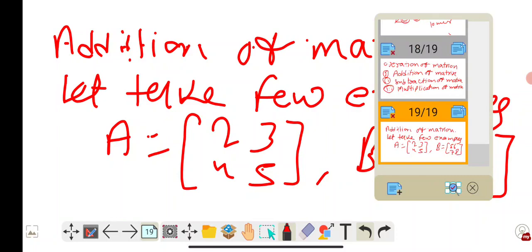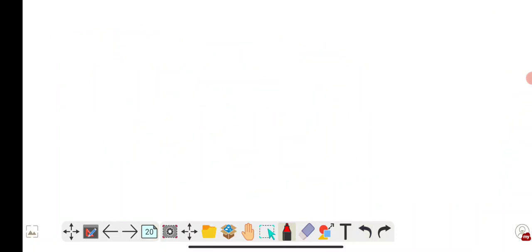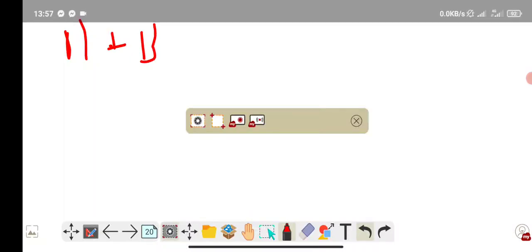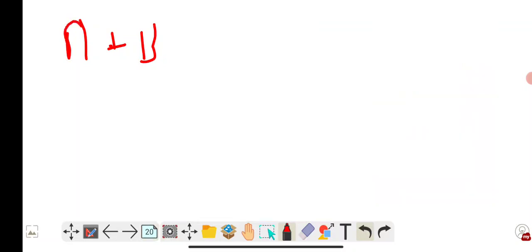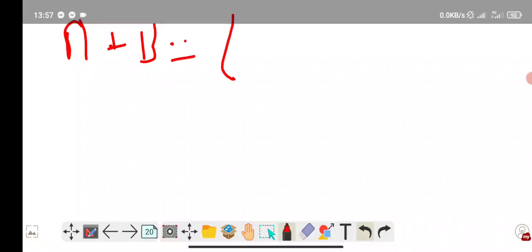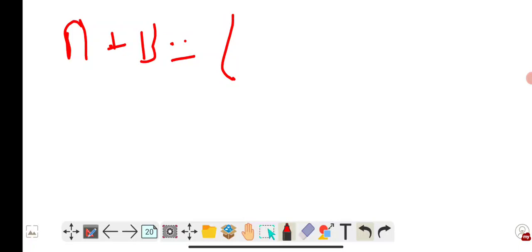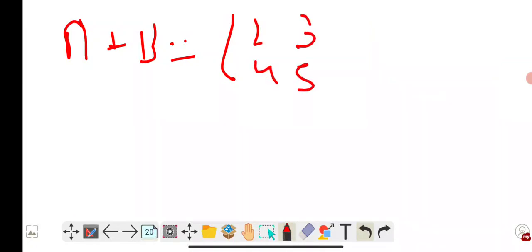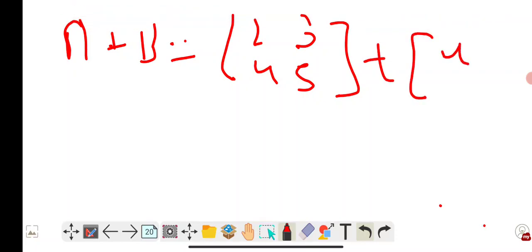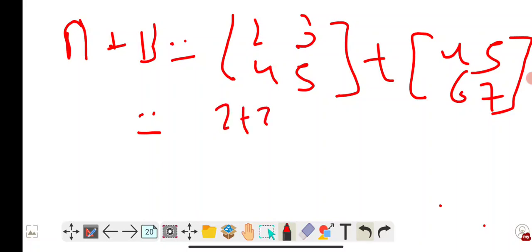Now let's add these. A plus B. Here A plus B equals to the elements of A, that is 2, 3, 4, 5, plus the elements of B. Now let's add this up. 2 plus 5, 3 plus 6.